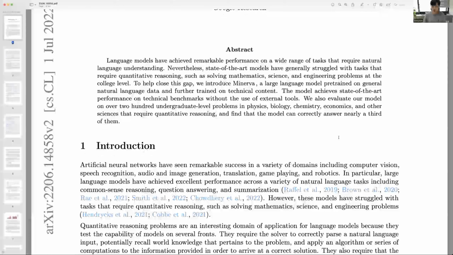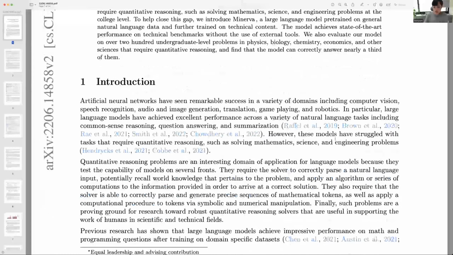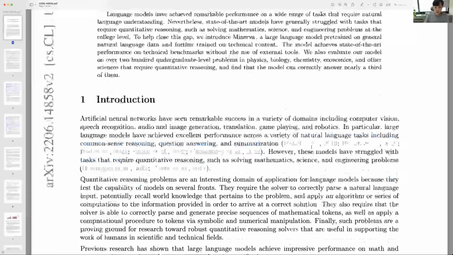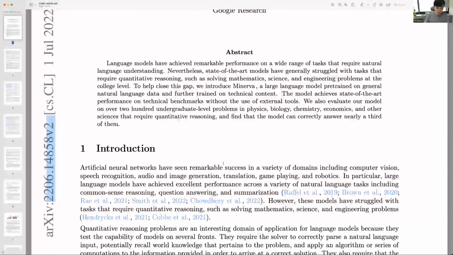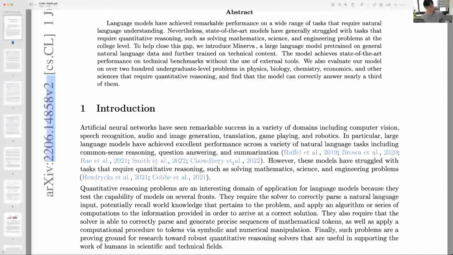That's really insane if you think about it, because it's very similar to what ChatGPT is showing these days. If you ask ChatGPT to solve some undergrad level questions, then it sometimes gives quite good answers. So you can think of this as a preliminary work of ChatGPT, because this was released in June of 2022, about 5 months before ChatGPT.